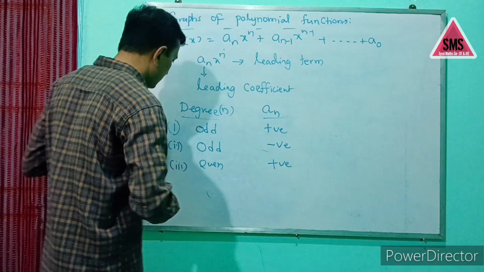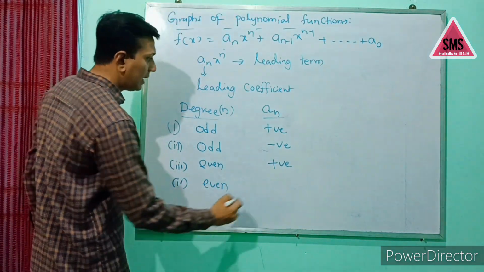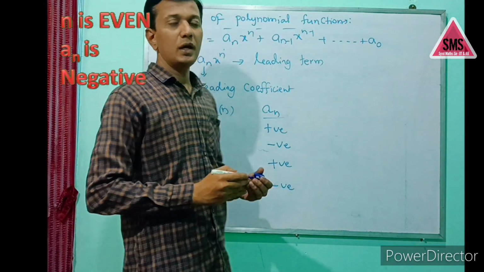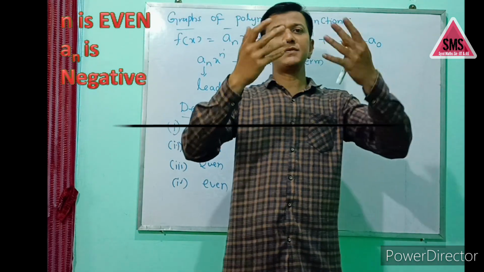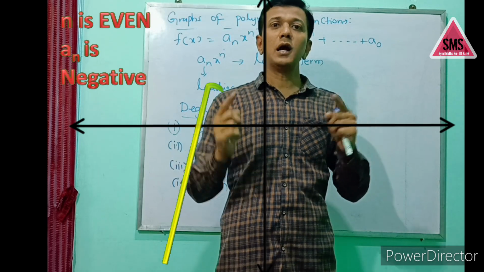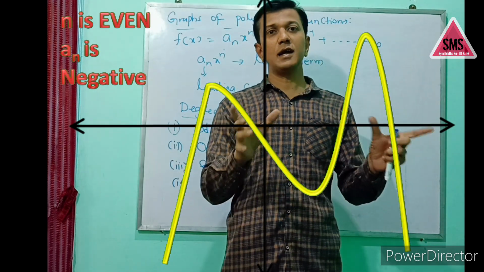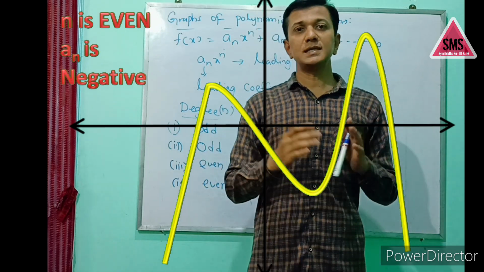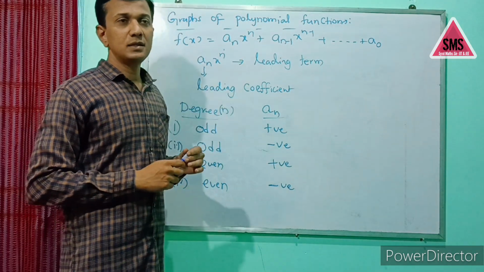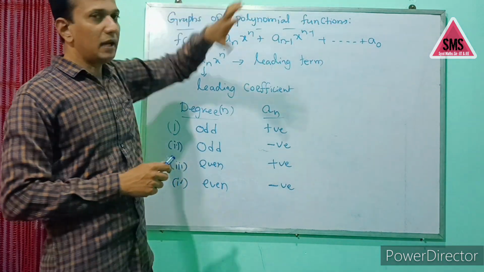If you go to the fourth case, where n is even and an is negative, just the reverse phenomenon will occur. It will decrease or fall on both sides, both on the left side as well as the right side. You can see on the screen. So this is how the leading coefficient will act in deciding the graph of this polynomial function.